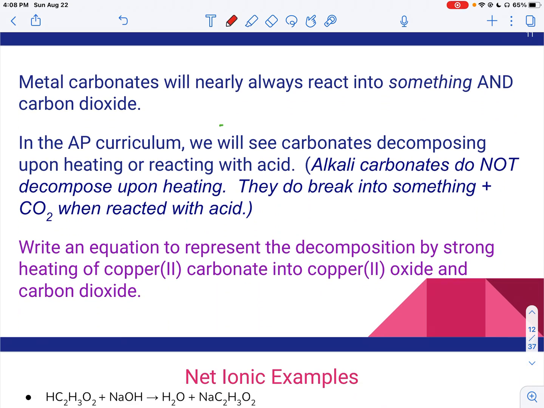And so for this last part, if you had copper(II) carbonate and you were writing that, you would automatically write it as the metal oxide plus CO2. Okay, now when you write the metal oxide, still use your naming rules and crisscross your charges and everything. It's just that since copper 2 and oxygen both have a charge of 2, it worked out here. Okay, so don't think it's always going to work out.